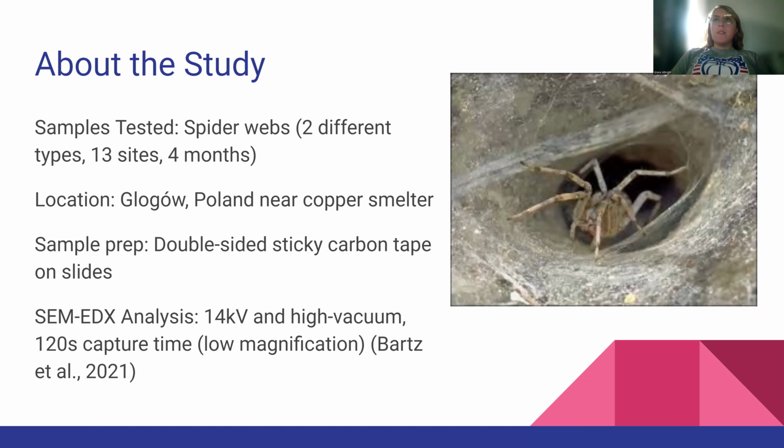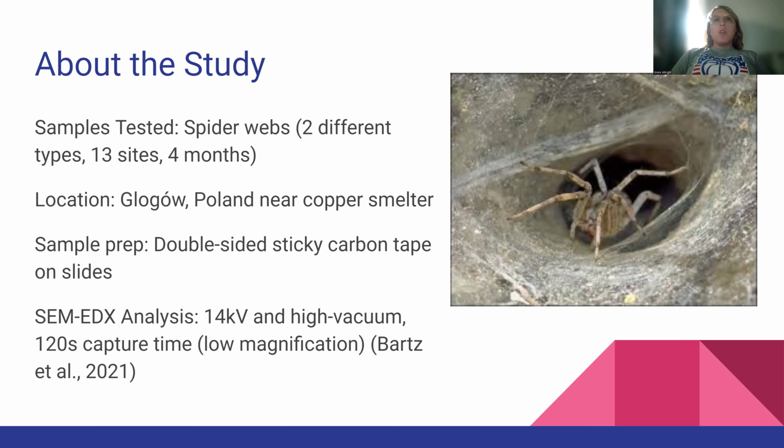So, some information about the study that I chose to review. They tested many different samples in Glogau, Poland, near the copper smelter. They specifically were testing for particulate matter deposited on spider webs to see if spider webs were a good method of collecting particulate matter data.